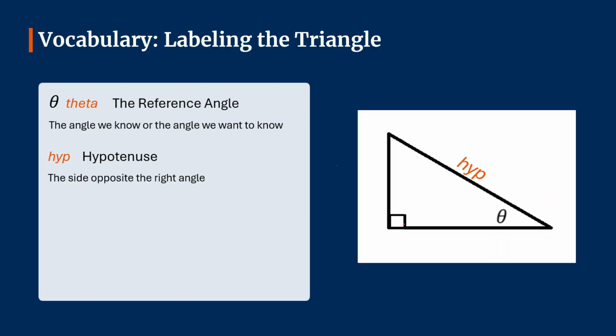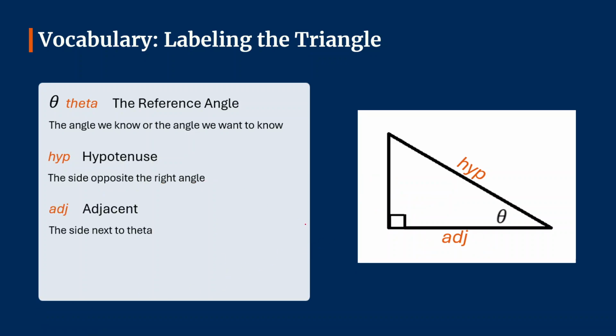If you know you have a right angle, which we do, then use the box of the right angle to help you find the hypotenuse. The hypotenuse is the side opposite the right angle. That hasn't changed. It's the other two sides, so this side and this side, that have to have new names.